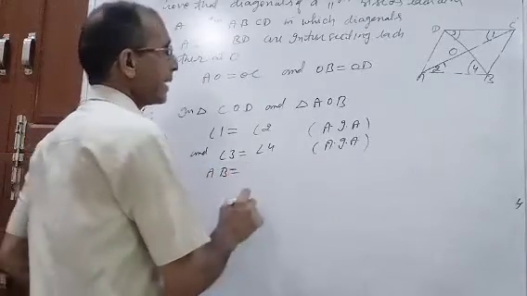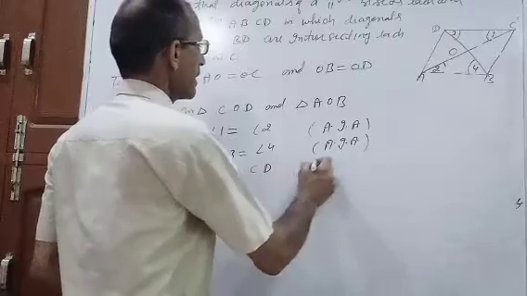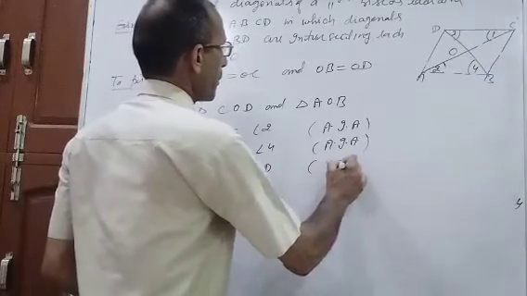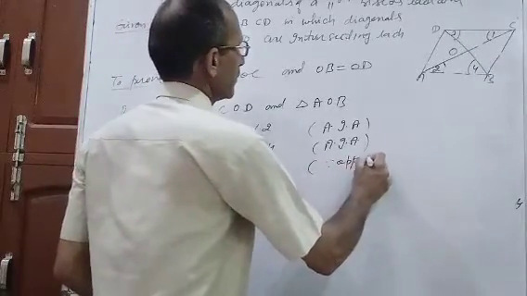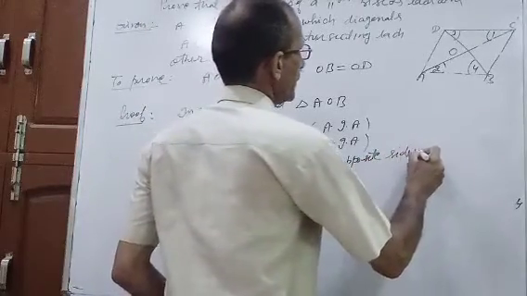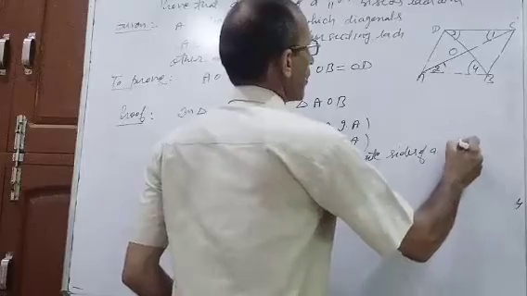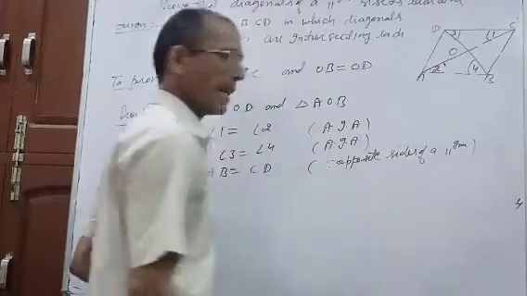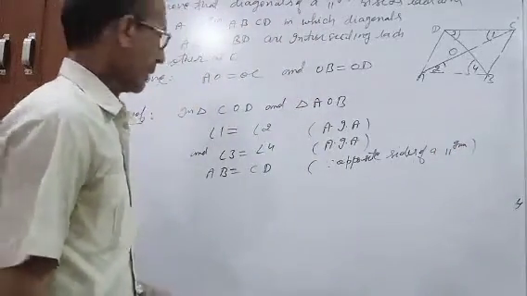And AB is equal to CD. Reason you have to give: opposite sides of a parallelogram.